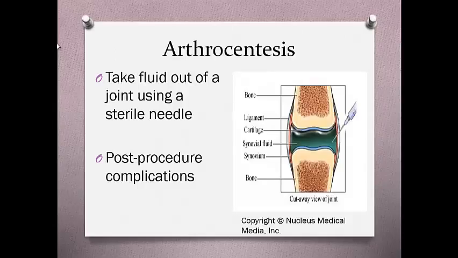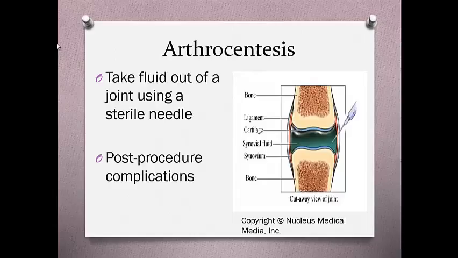A couple words about the arthrocentesis. Again, not all patients diagnosed with rheumatoid arthritis will get this, but sometimes it's helpful to do this to make sure that there's nothing else going on. So an arthrocentesis is done to find out why the joint is painful or swollen or fluid-filled. And they can also drain out fluid to decrease the pain and ability to move the joint.